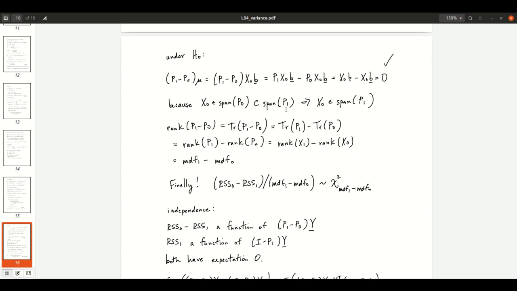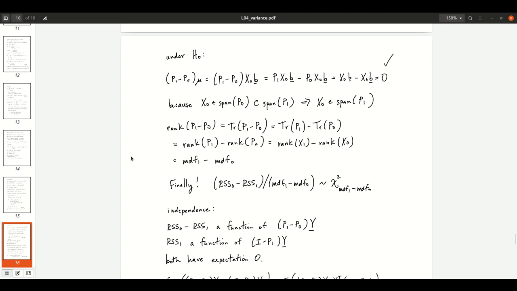And therefore, if we project onto the column space of X1, the full design matrix, we're going to get X0 back as well, because these vectors are used in the construction of the span of X1. They're a submatrix. Okay, so that shows we get X0B minus X0B, which is 0. So that satisfies that assumption as well.